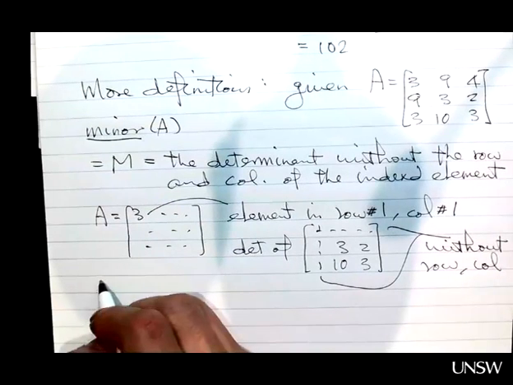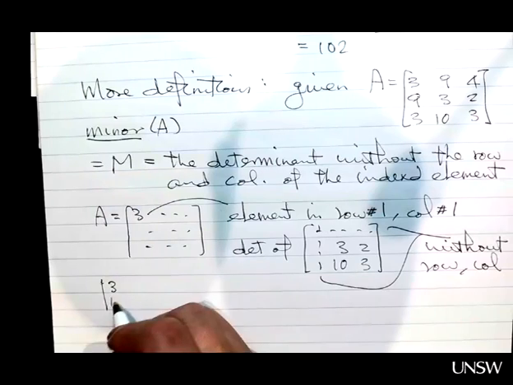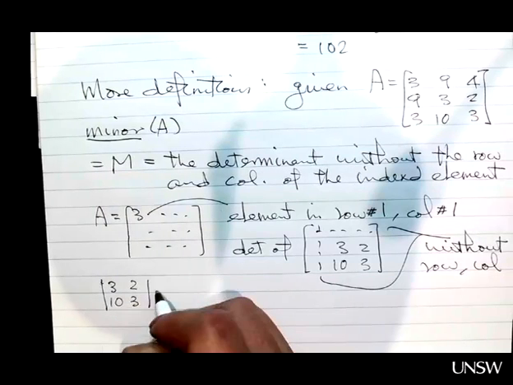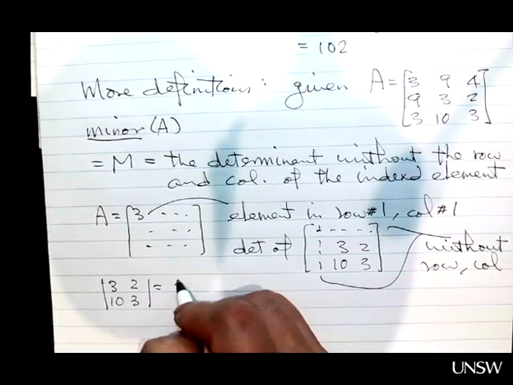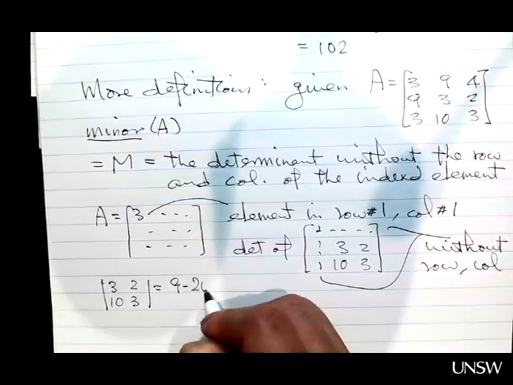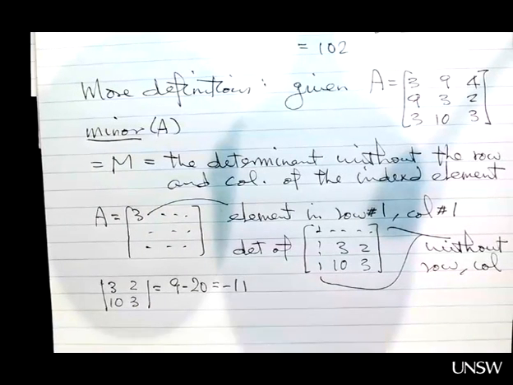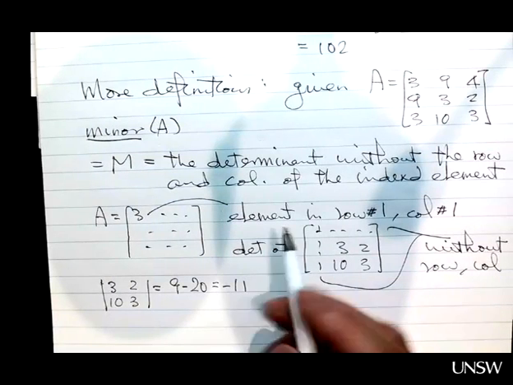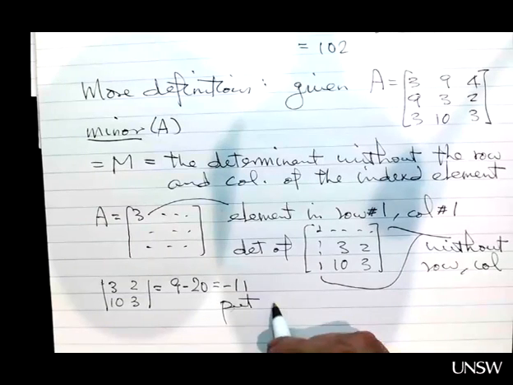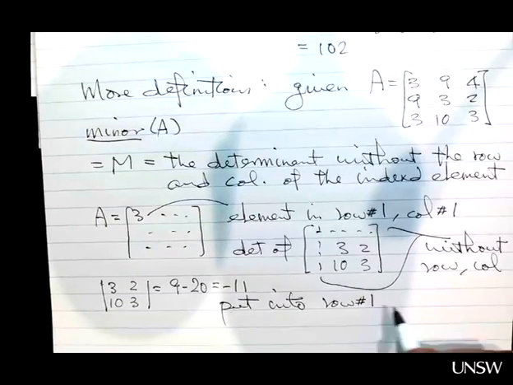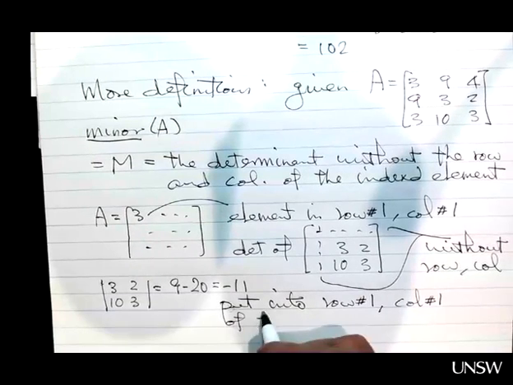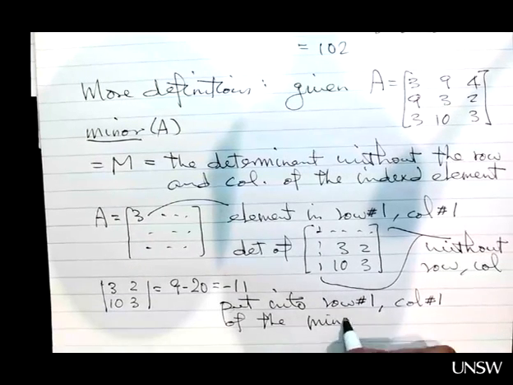So the determinant of 3, 2, 10, 3 equals 9 minus 20 equals minus 11. So this one is put into row number 1 and column number 1 of the minor matrix.